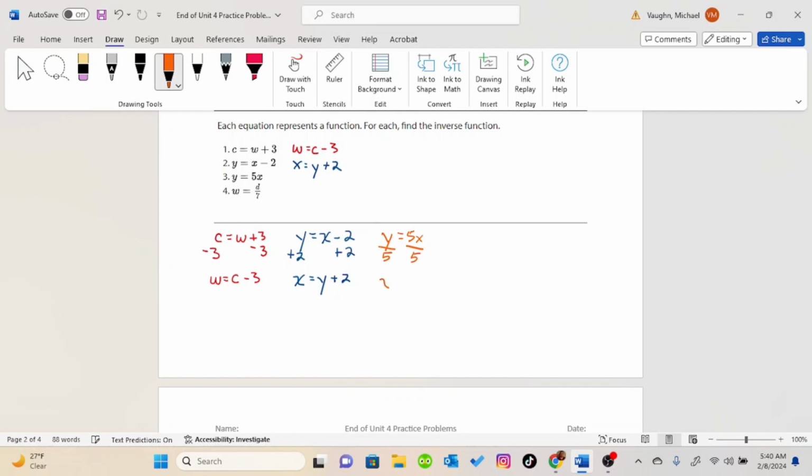Now I have an equation that says x equals y divided by 5. Now, instead of an equation that solves for y using x as the input, I have an equation for x that uses y as the input.